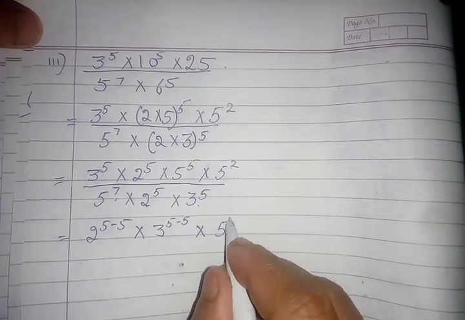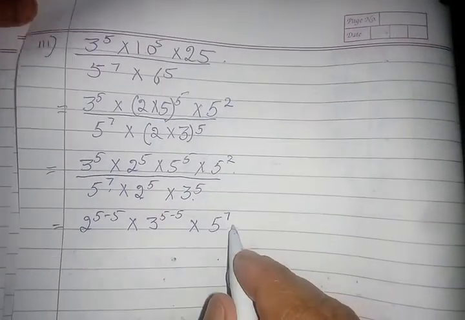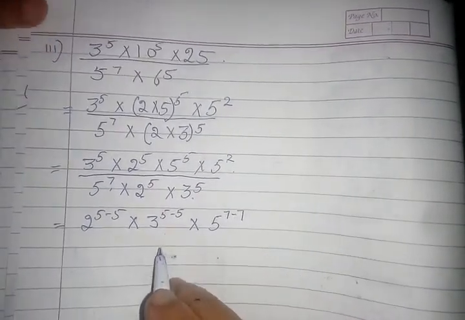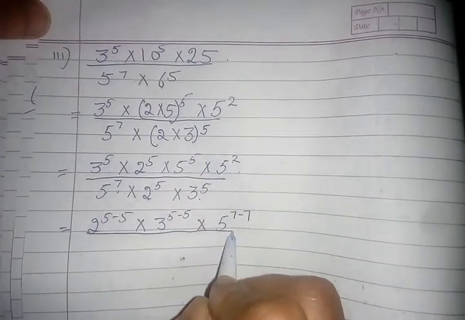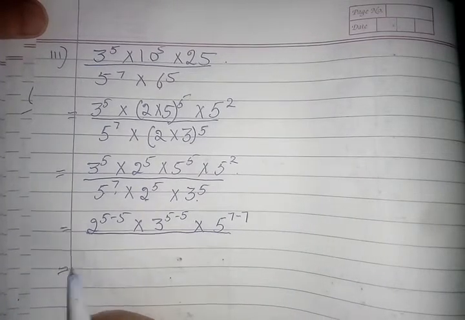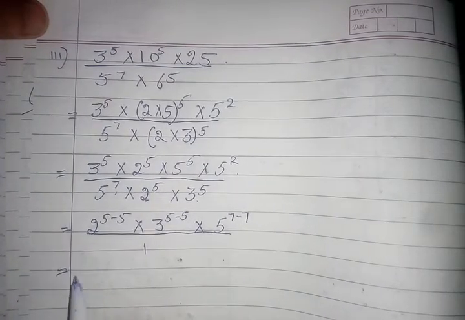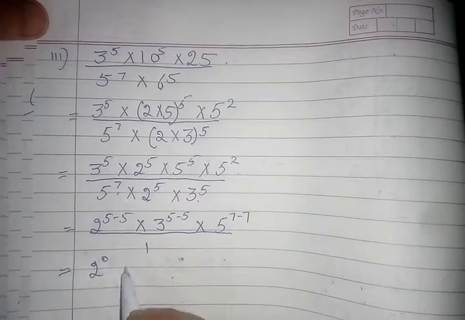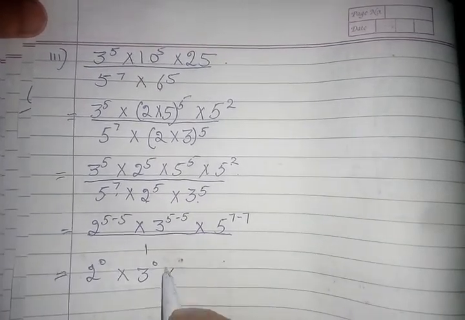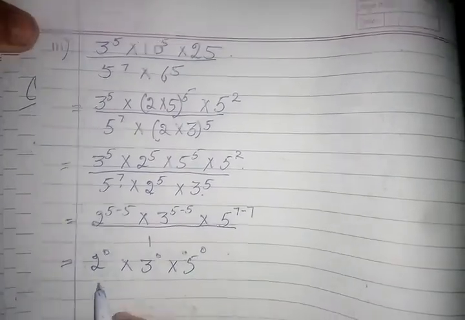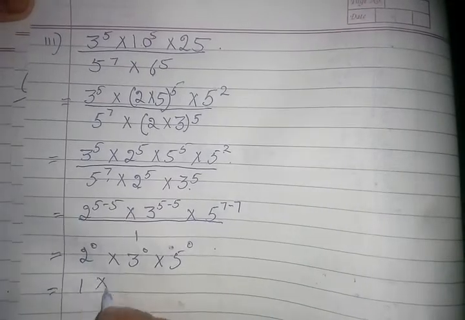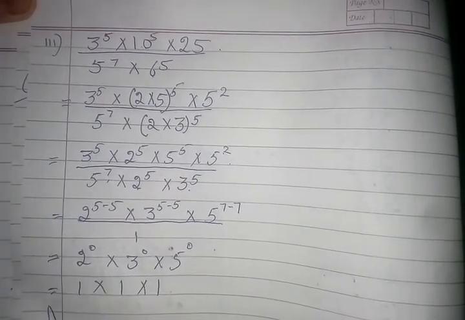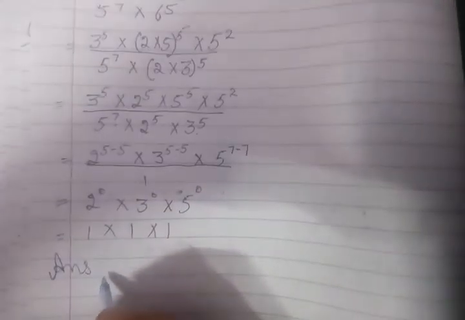You may add first, and directly I am writing 7 minus 7. First these will be added, then subtracted from this. So you get 1 only. So 2 raised to power 0 into 3 raised to power 0 into 5 raised to power 0. And any integer whose power is 0 is equal to 1, so 1 into 1 into 1. So your answer is equal to 1.